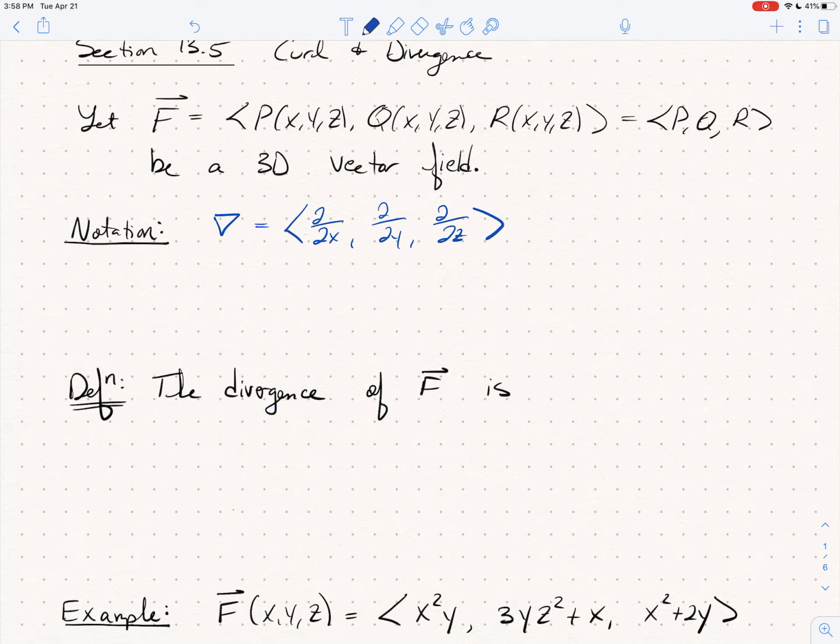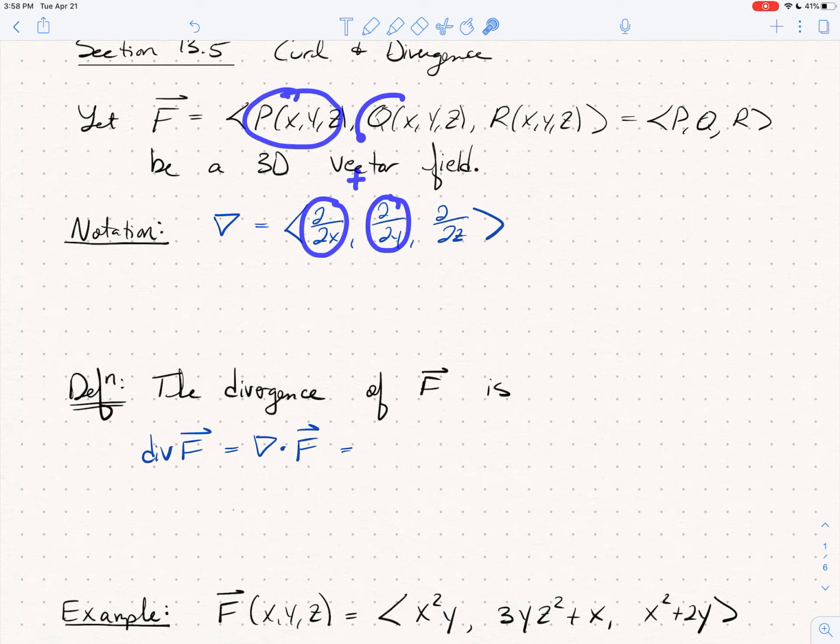Okay, so the divergence of f, what is it? Well, it's written like this. We typically write div for divergence of f, and then we write it the del operator dot f. What does that mean? Well, when we dot, we're multiplying. That's not quite what we're going to do here. We're going to say, okay, partial x of p plus partial y of q plus partial z of r.